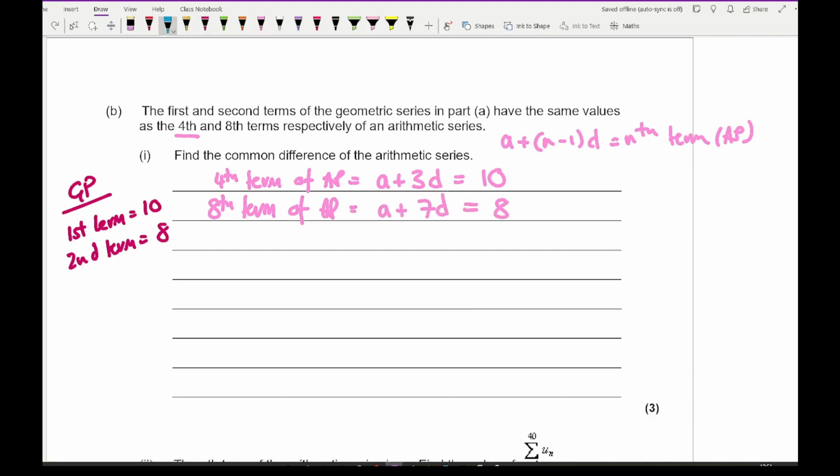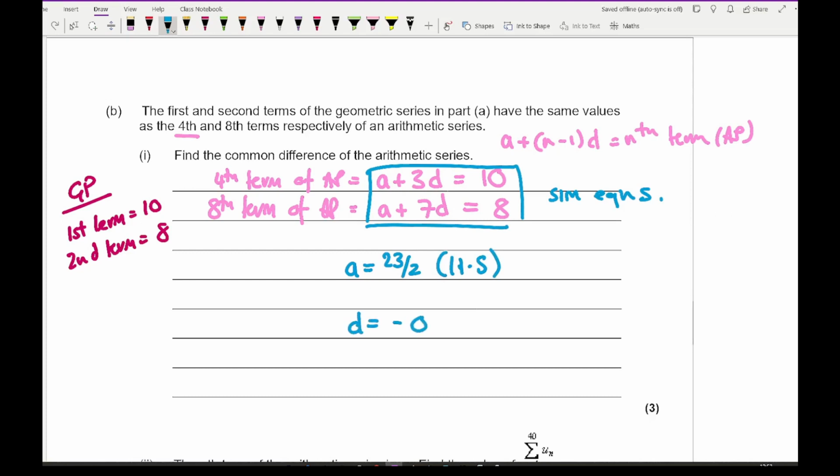So then using this bit of information and recognizing that it's two simultaneous equations, I could then go on to solve this. So using my calculator, I get a equals 23 over 2, which is 11.5, and d equals minus 0.5, or minus a half.